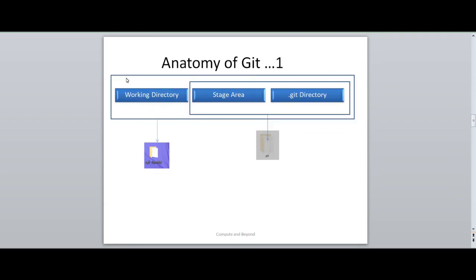Okay, let's see the anatomy of a Git project. As a parent directory, we have our working directory here, and within this working directory we have both a staging area and the .git directory. We can see a folder named git literal, and within this git literal we have the .git folder.